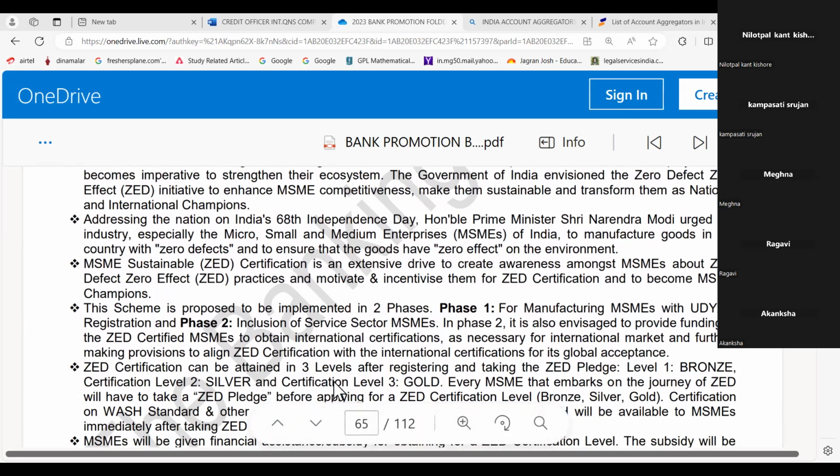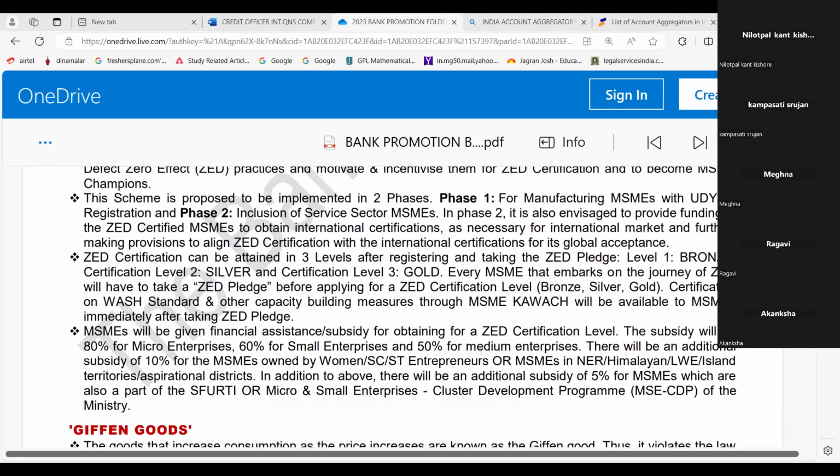The scheme is proposed to be implemented in 2 phases. Phase 1 for manufacturing MSMEs with Udyam registration. Phase 2, inclusion of service sector MSMEs. In phase 2, it is also envisaged to provide funding to the Z certified MSMEs to obtain international certification as necessary for the international market, and further making provisions to align Z certification with the international certification for its global acceptance. Certification can be after registering and taking the Z pledge.